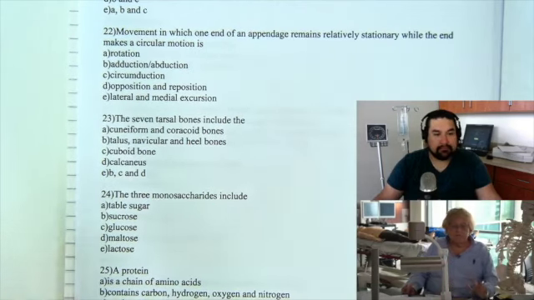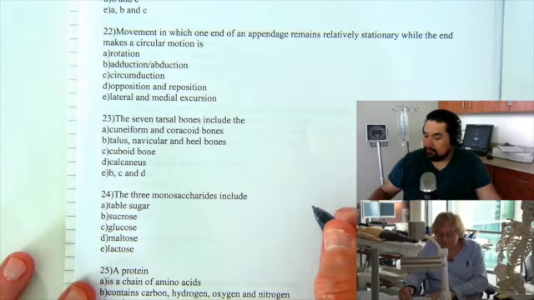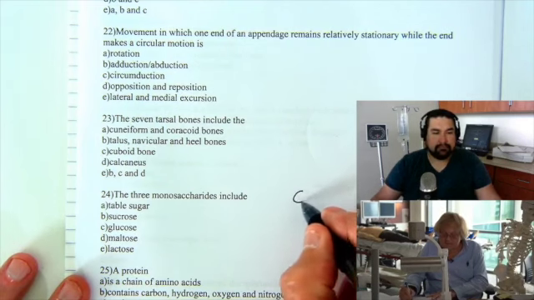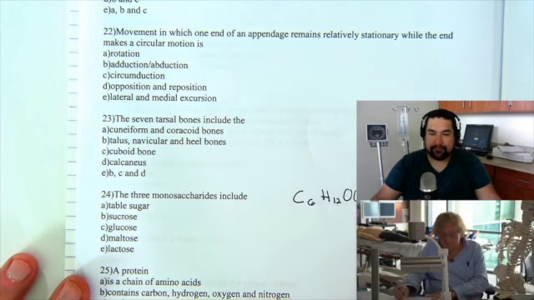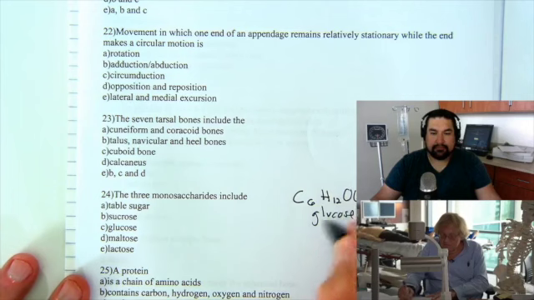24 says the 3 monosaccharides. Remember monosaccharides, when you read the book and saw the chemistry in that, you saw that monosaccharides are C6H12O6. And there's only 3 monosaccharides. There's glucose, there's fructose, and there's galactose.